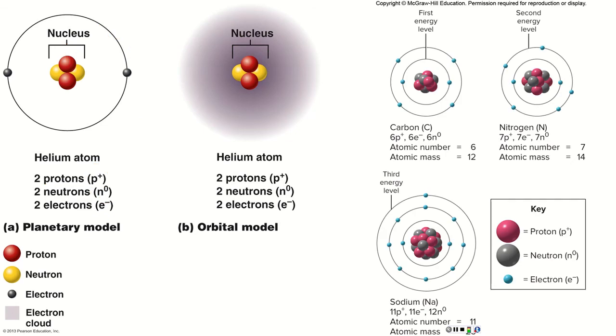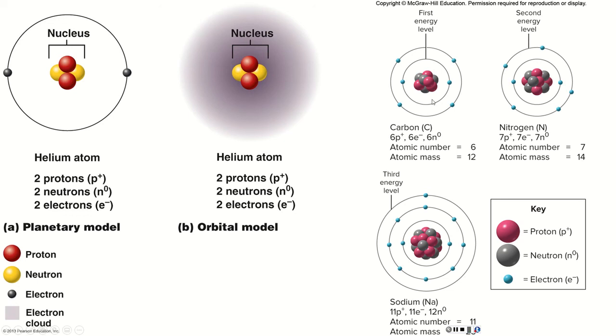Let's look at what happens when we start building. Well, if we look at our periodic table, and you can pull your periodic table out of your textbook in Appendix C, we have helium in the top right, but we also have carbon.